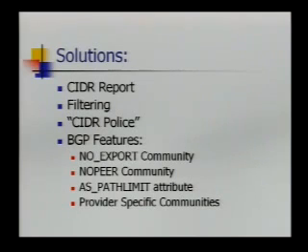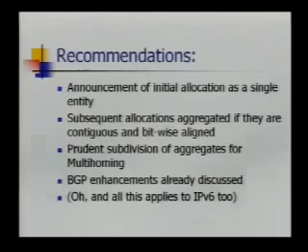We had the CIDR police activity in the late 90s and early 2000s, but the CIDR police got beaten up a fair bit, so they stopped. There are BGP features that have been introduced at the request of ISPs and industry in general, but not so many people are using them. They include the no-export community, the no-peer community, the AS path limit attribute, which Joe Abley and others are currently working through the system, not to mention lots and lots of provider-specific communities.